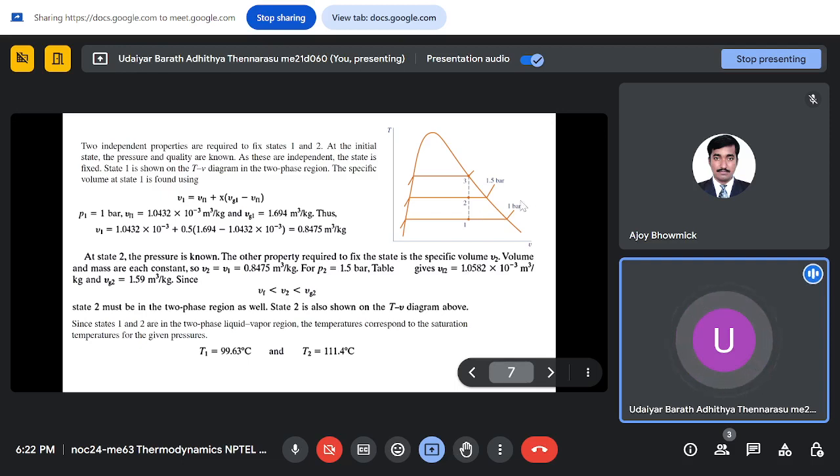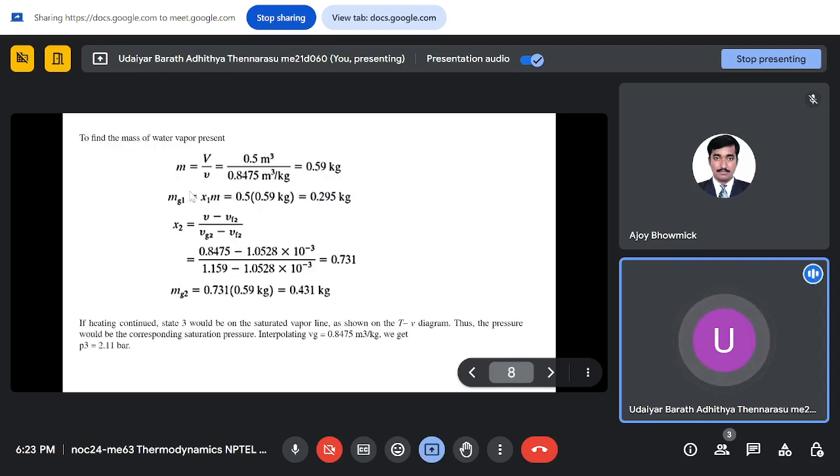So this is 1 bar, so it is less than 1 atmosphere. 1 atmosphere is 1.0132 bar. So correspondingly, you see your saturated temperature is 99.63 degrees Celsius. So this is the saturation temperature for 1 bar, and for 1.5 bar you find that T2 is 111.4 degrees Celsius. So we have found out the temperatures.